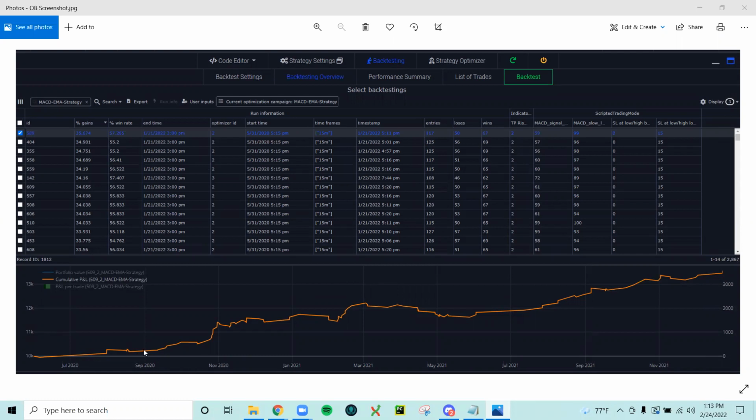And the graph just goes up and up and up. And this is only using a MACD crossover, which is one of the most basic indicators that's available. And our strategies, which include multiple indicators and have really complex parameters, blow these results out of the water.